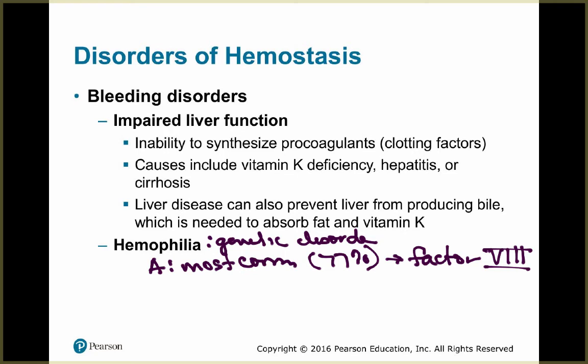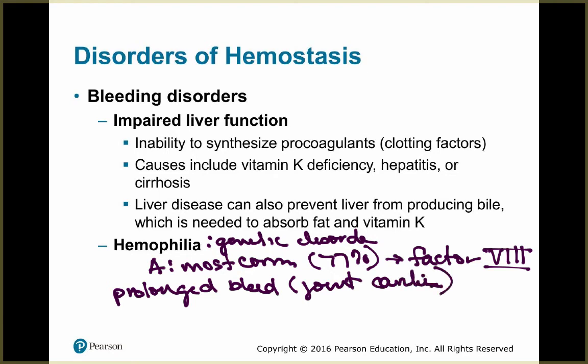But factor VIII tends to be the most common, right? And basically what this leads to is things like prolonged bleeding, especially in joint cavities. And treatment is injection of genetically engineered factors.